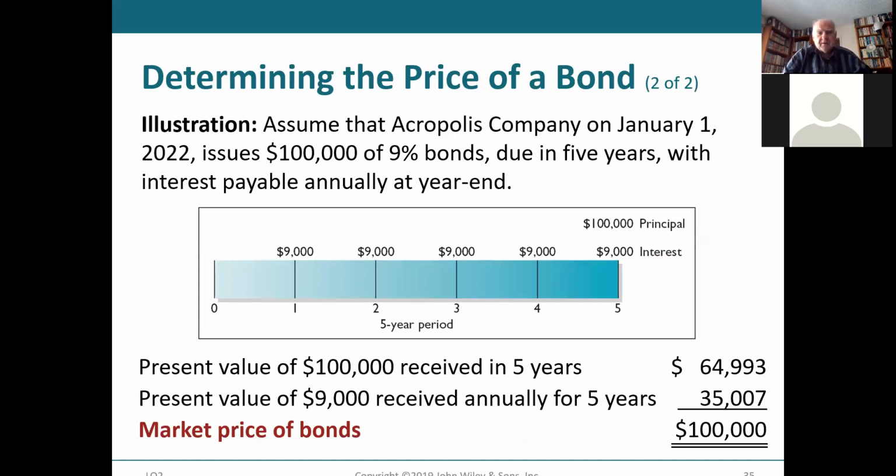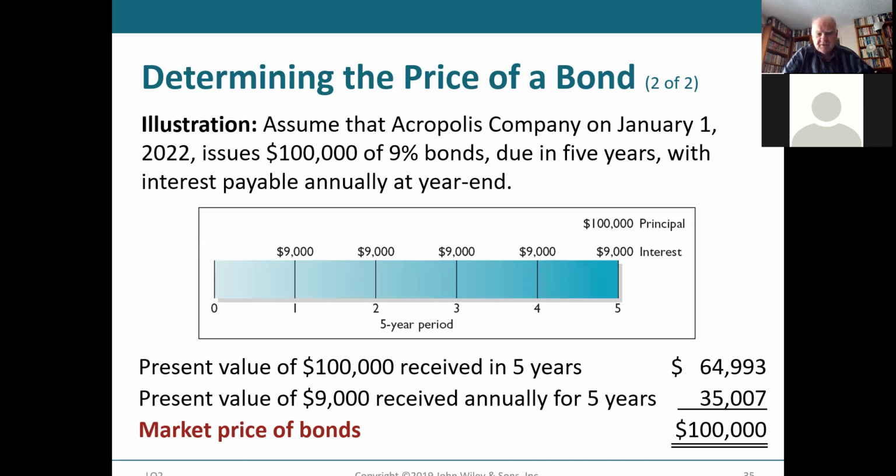Assume Acropolis on January 1st issues $100,000 of 9% bonds due in 5 years. Interest is payable annually. What we have to do is get the present value of $100,000, which turns out to be $64,993.